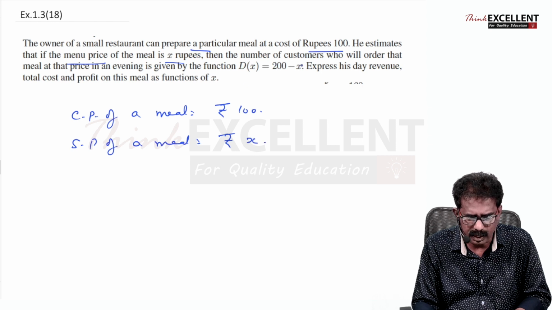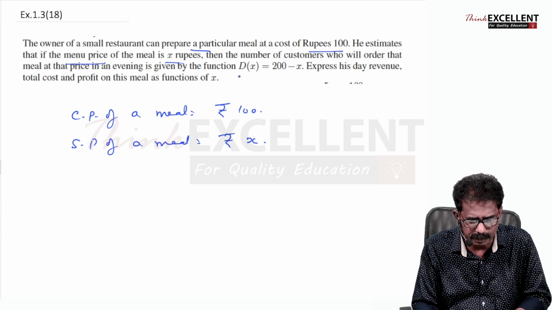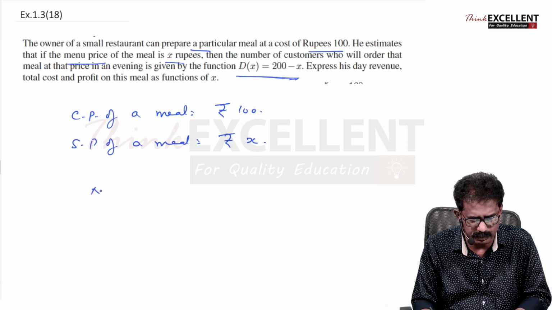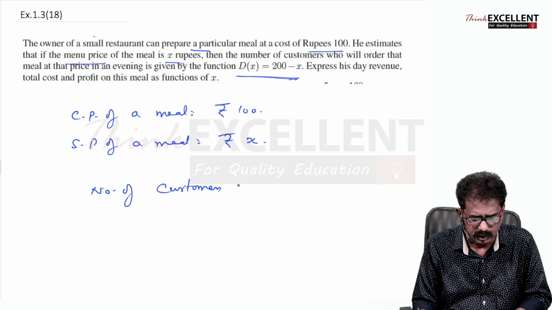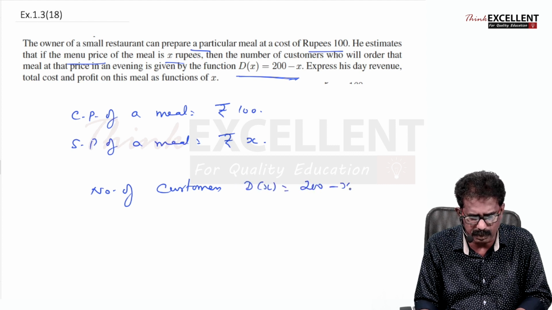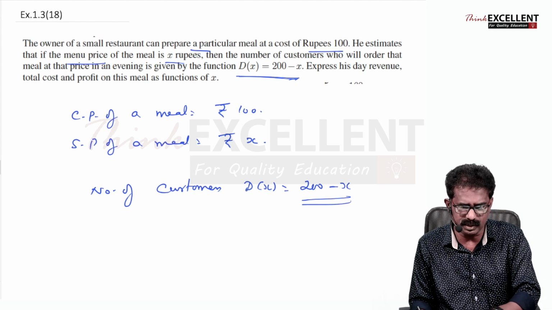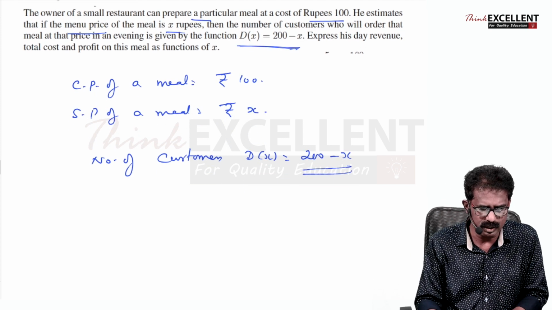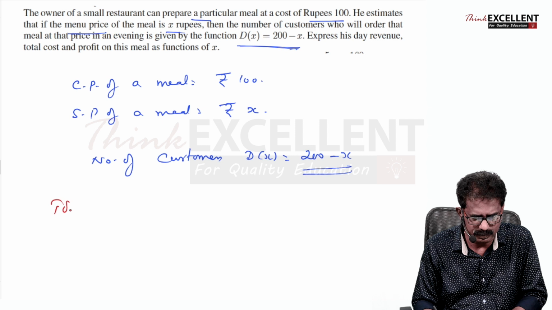Then the number of customers who will order the meal at the price in the evening is given by d of x equal to 200 minus x. Okay, number of customers is what? 200 minus x. So can you tell me total cost price?